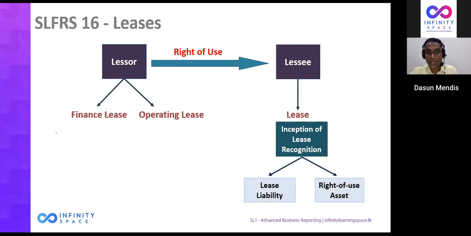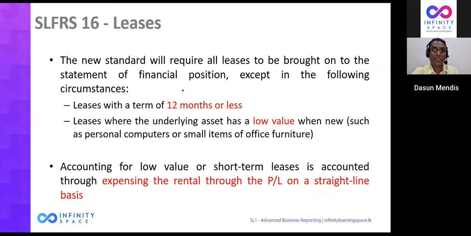The lessee has to recognize the lease liability and the right of use asset for all leases except for two exemptions. What are these two exemptions? One is short-term leases, that means the lease period is 12 months or less.